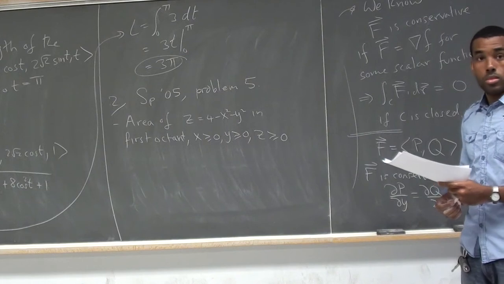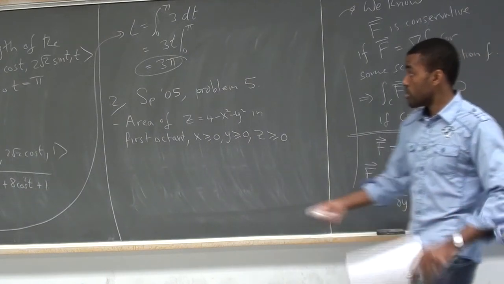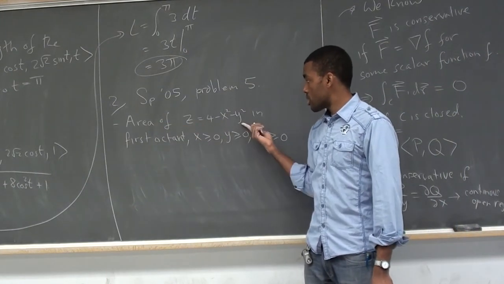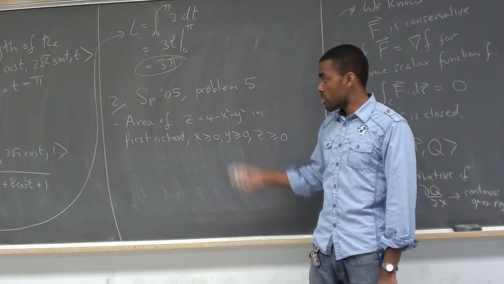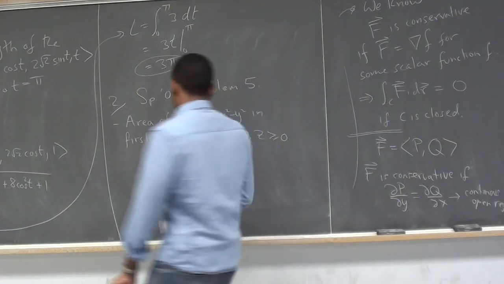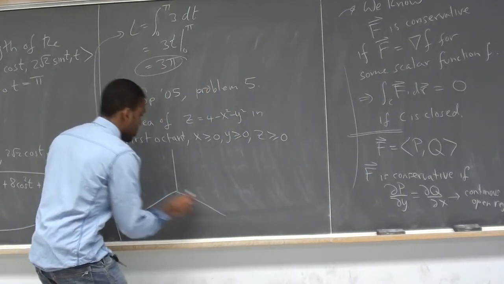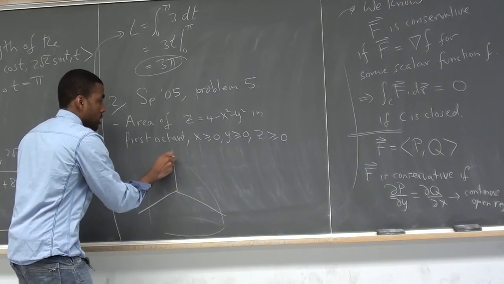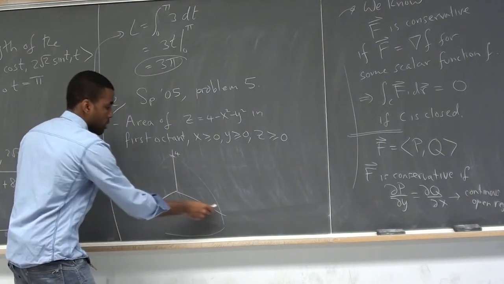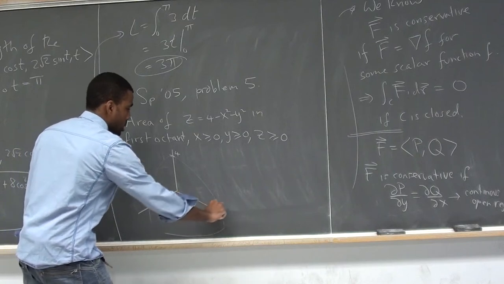Is this the surface area problem? Yes, this is a surface area. Find the area of this surface which is bounded by this region. What is this surface? A paraboloid, opening down. So we have this guy come like this. The maximum it hits is 4, and of course it hits the xy plane as a circle.